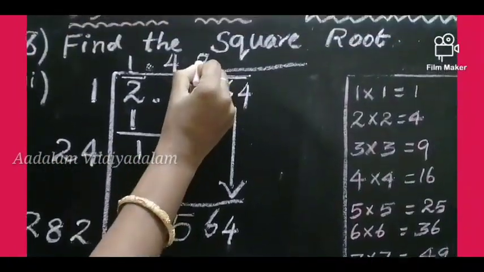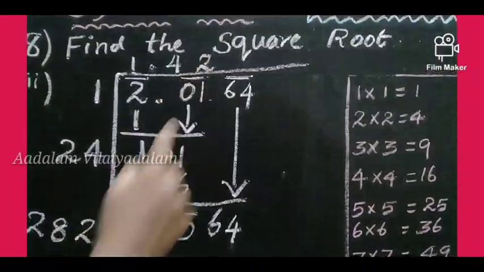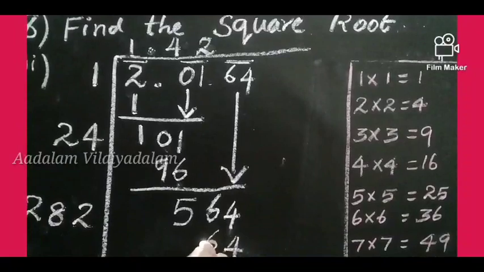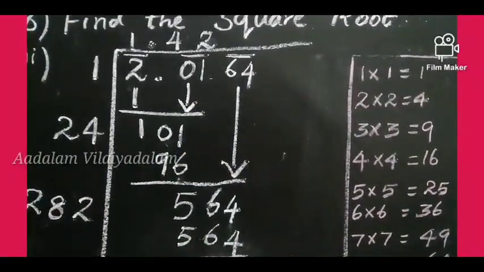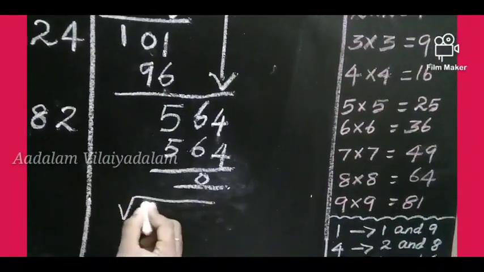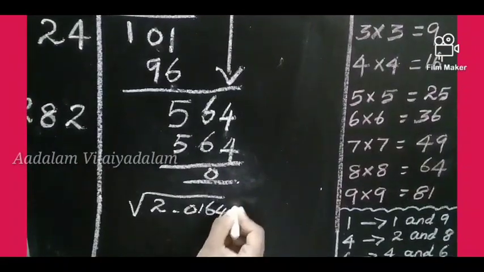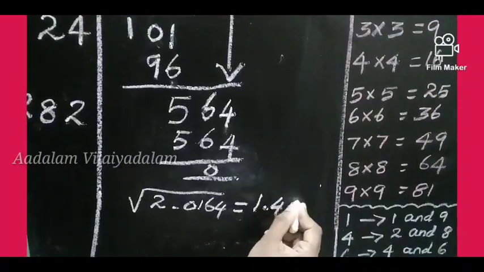Here also 2. Now multiply 282 into 2. 2 2s are 4. 2 8s are 16. Balance 1. 2 2s are 4. 4 plus 1, 5. So 564. The remainder is 0. The square root of 2.0164 is equal to 1.42.